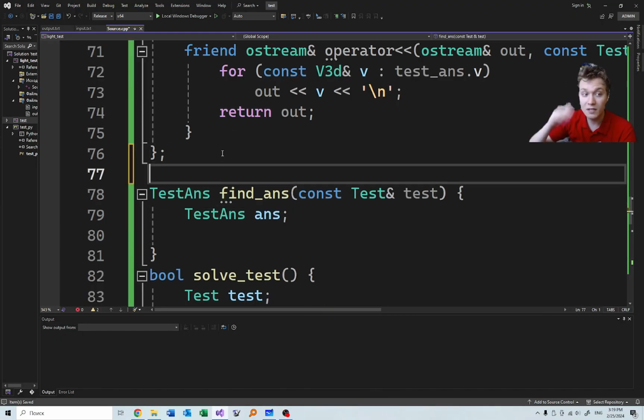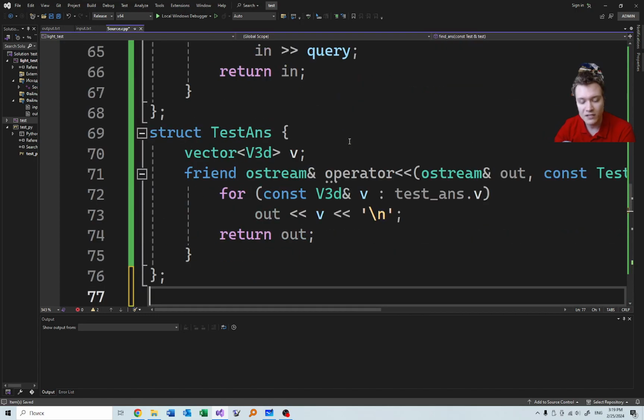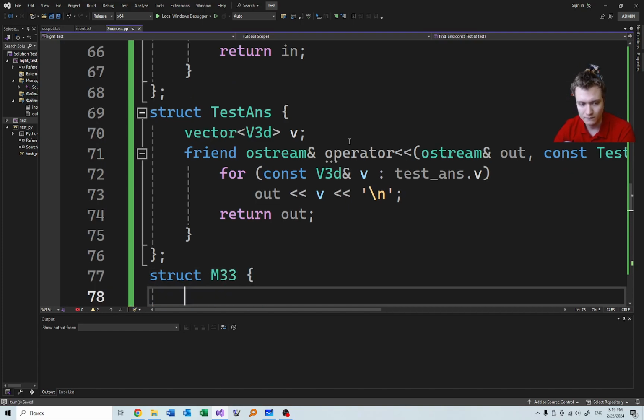So now we need the segment tree. And to do that, let's start with the matrix. Struct matrix 3, 3.